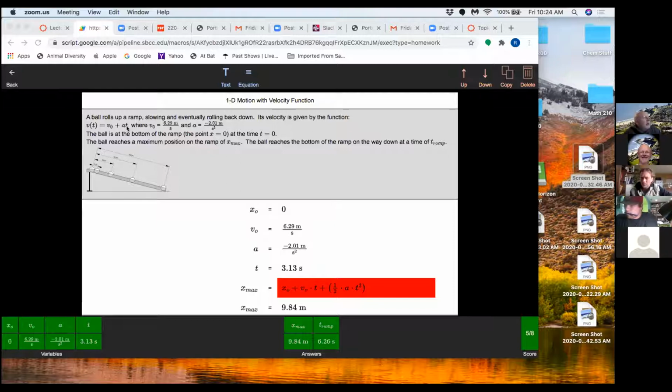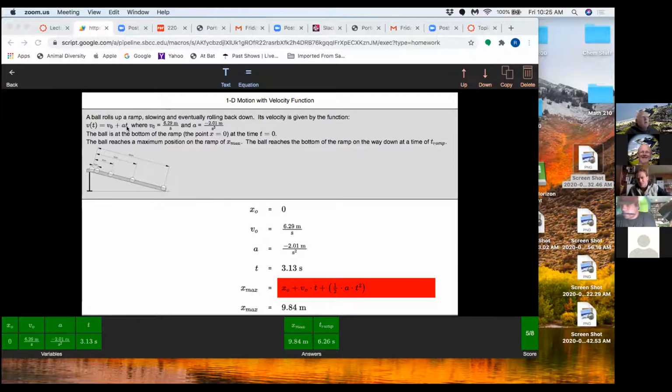I just, and maybe I'm being a little anal here, because the equation you used is correct, but that equation would only be correct for a constant acceleration, which is what you have in this problem. So that is correct.